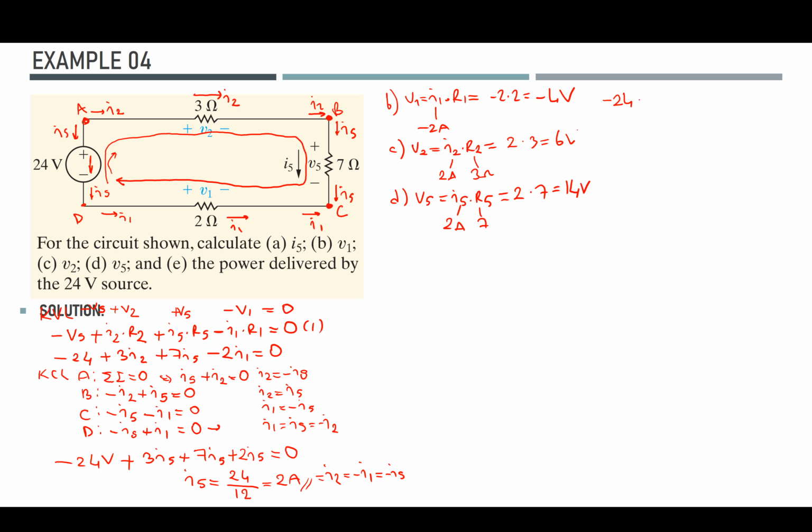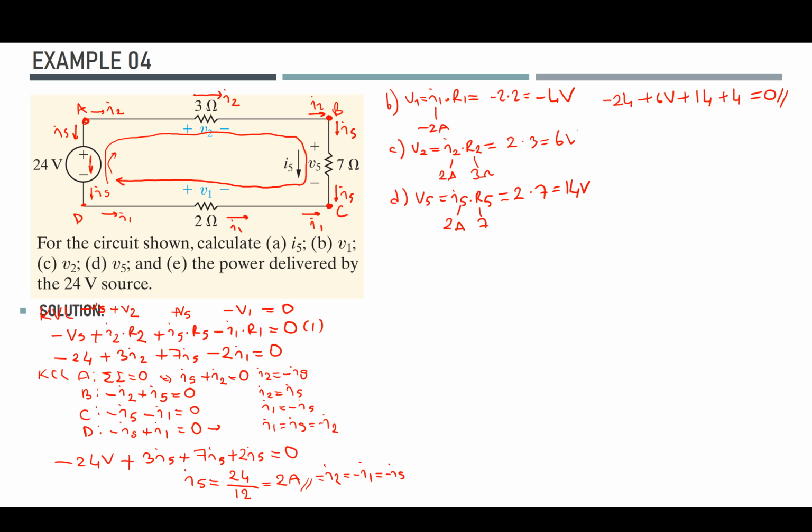Minus 40 plus the V2, which is 6 volts, plus the V5, which is 14 volts, and minus V1, which is 4 volts, would give us 0 volts. So the KVL holds, which means that we have correctly calculated the voltage values and our current values are correct.